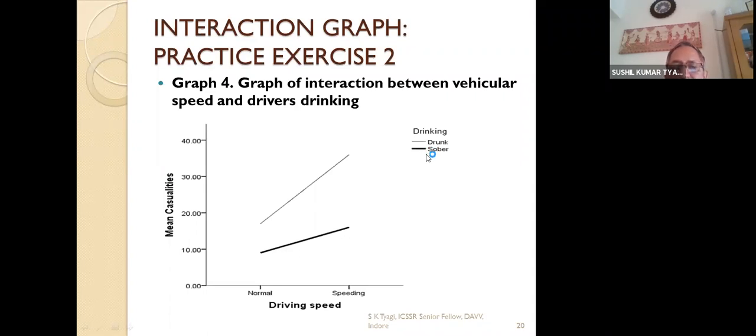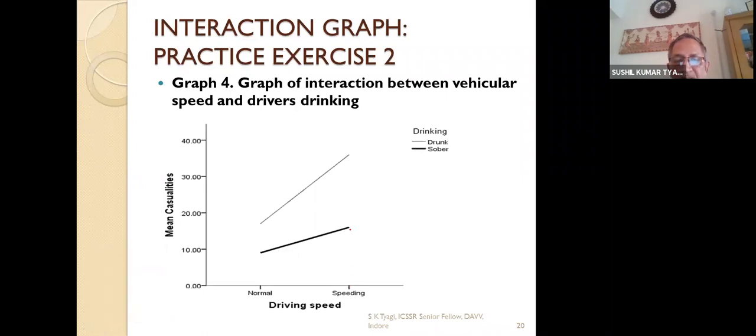Maybe the physical health of the driver, maybe the physical condition of the vehicle, etc. Now, this graph shows that drunk drivers cause more casualties as compared to sober ones. Similarly, speeding persons cause more casualties than the normal.